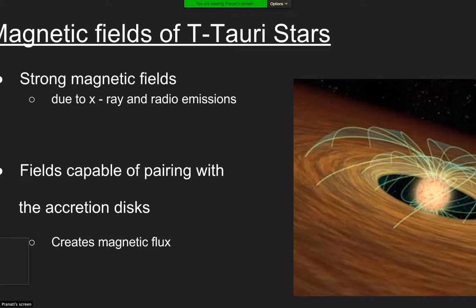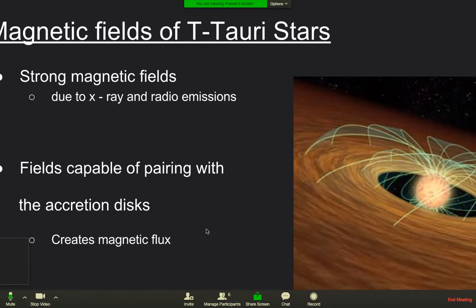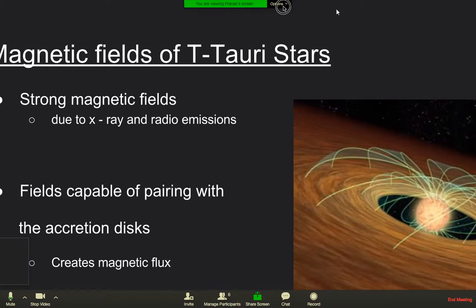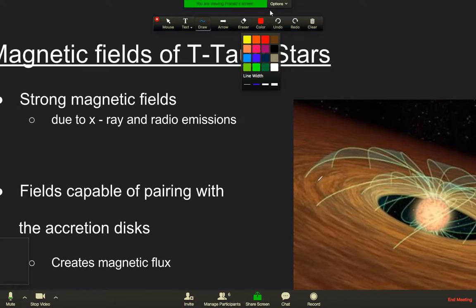They circulate. For instance, if you were to draw a magnet, let me see if I can do it with annotating. Oh, I can. That's pretty cool. So look at this.